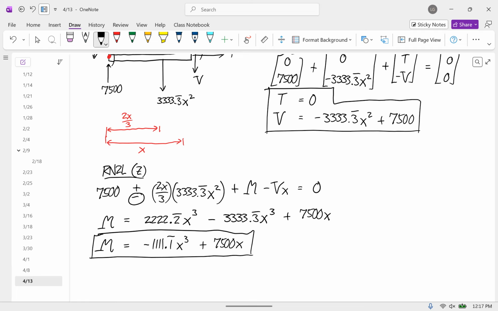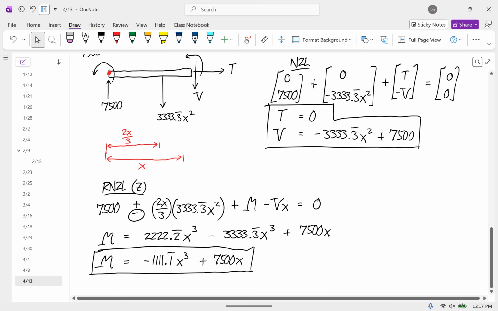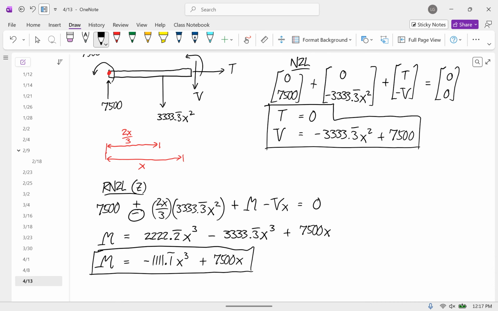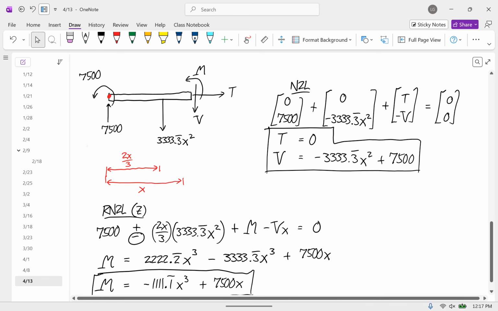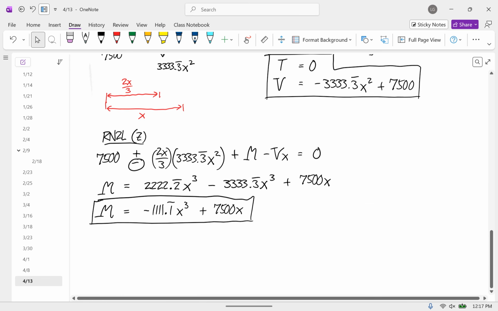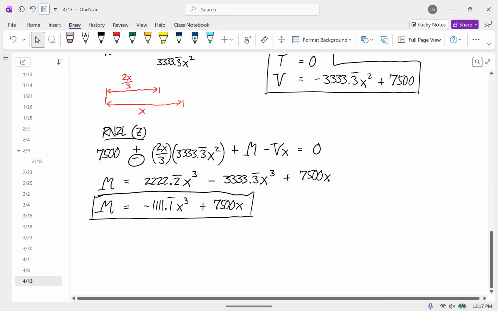Yes. You chose negative there because it was clockwise or counterclockwise? I chose negative because it was clockwise about that. What about the moment from the fixed joint? Is there like a constant or something like that? Oh, I forgot that? Yeah. Oh, thank you.